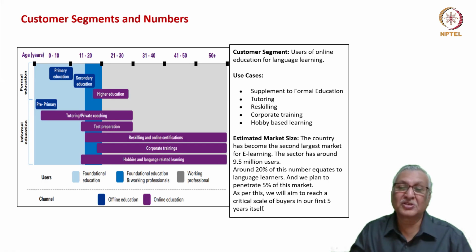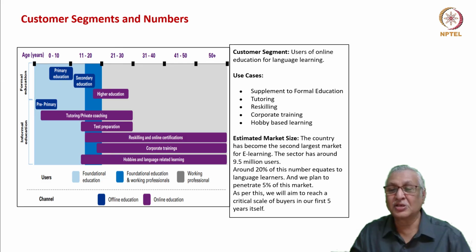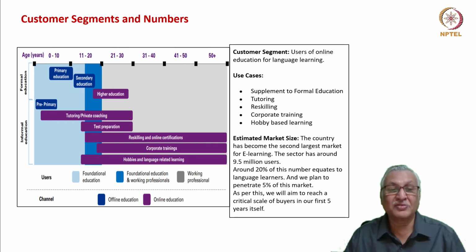The use cases are in terms of supplementation of the formal education, tutoring, reskilling, corporate training, hobby-based learning, and this would lead to a sector with 9.5 million users, out of which 20% could be equated to the language learners, and a particular percentage of that 20% could be aimed for penetration, and this itself will enable a critical scale of buyers in the first 5 years itself.